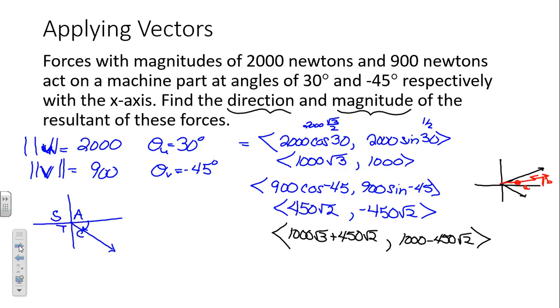Like we said yesterday on our direction angle, we're using the inverse tangent to find the angle back. Okay, so we need to put this stuff in our calculator. And we need to have a good place to store it so that we don't have to type it over and over again, because that's messy, isn't it? And we don't want to lose any decimal places if we can help it. Okay, so break out your graphing calculator. I'll show you how to store things.